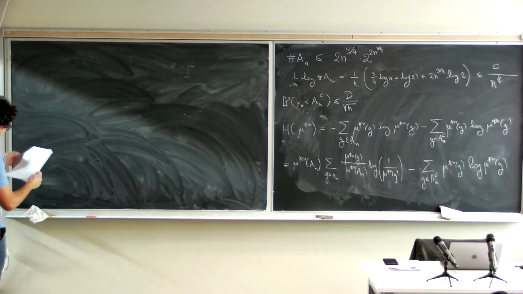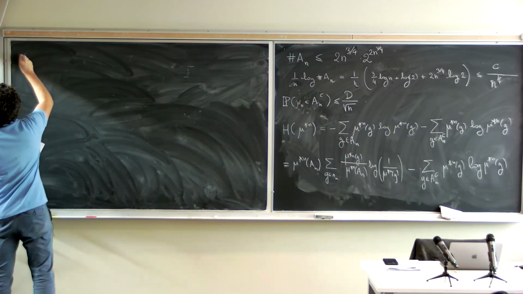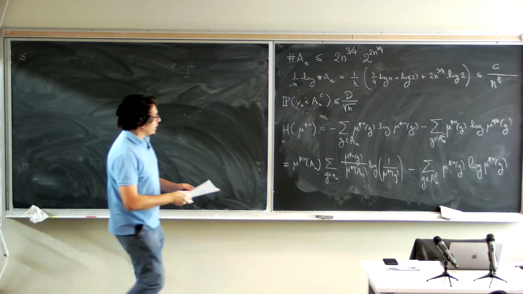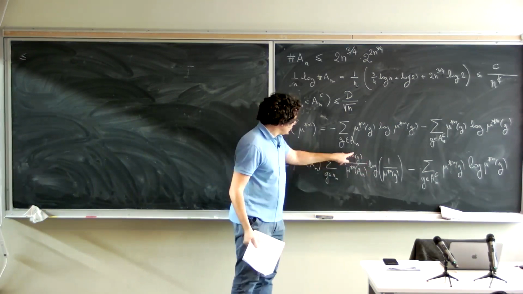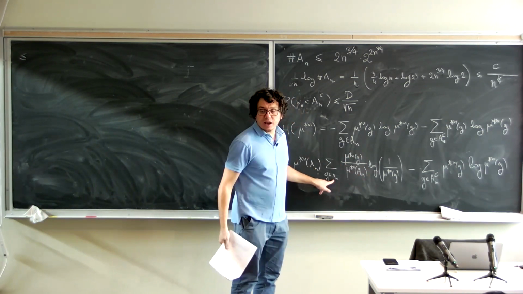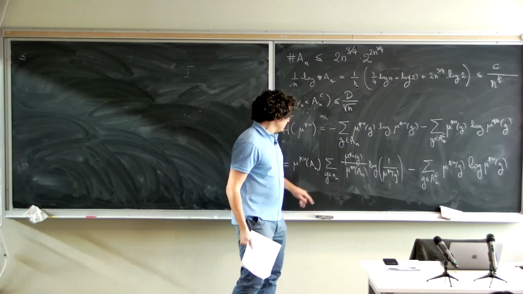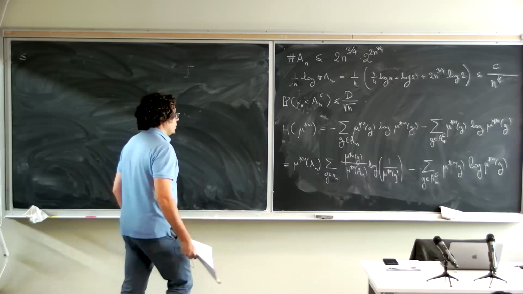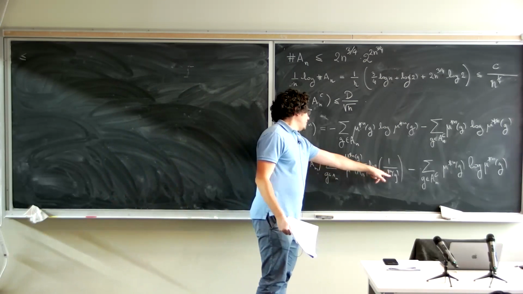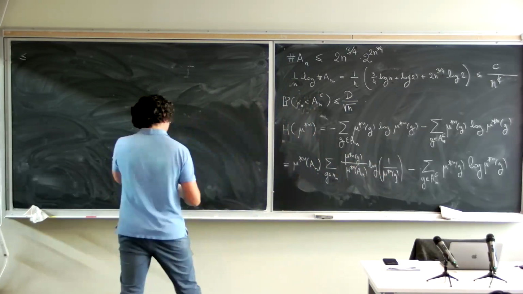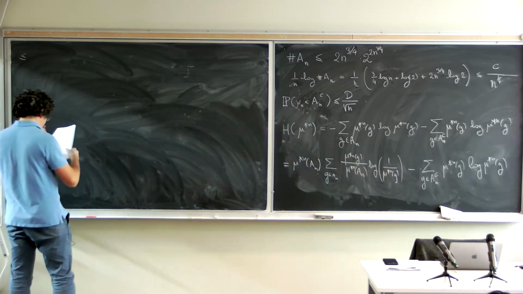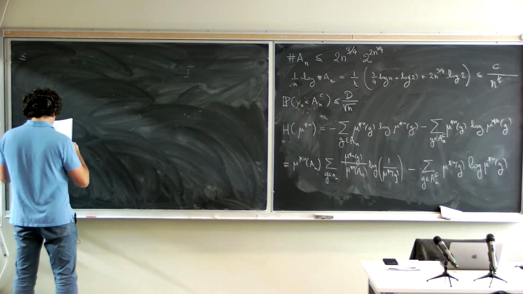Okay, and so then, again, this is a measure on the set A_n. So you're taking the average of this function, and so we can apply Jensen's inequality.